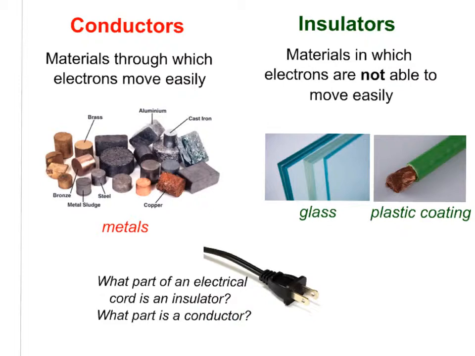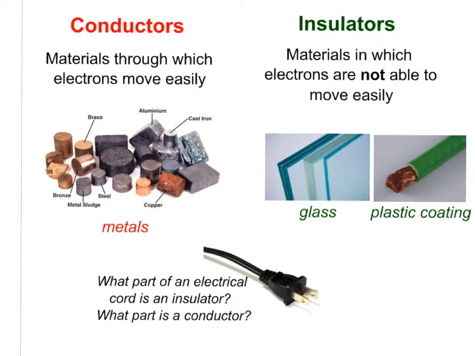And again, in a similar way, metals are great conductors of electrical charge. Electrons move very easily through metals. As opposed to these items here, the metal part is a conductor, but this plastic coating around the wire is an excellent insulator, and I'm sure you could guess why.